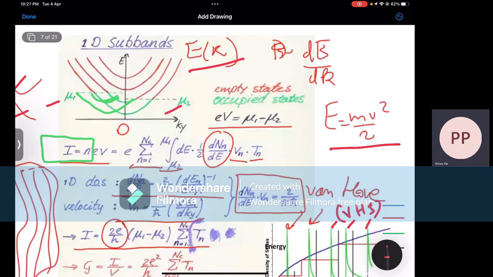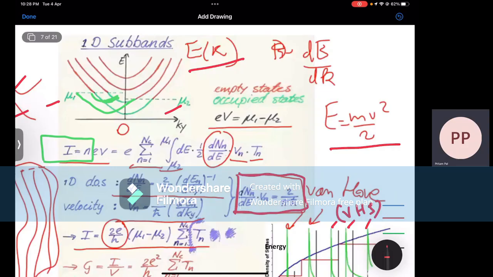The density of states times the velocity simply depends on fundamental constants. It's just a constant. All the dependence on k and on energy drops out. So it's a beautiful result.